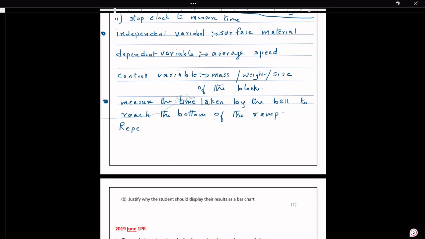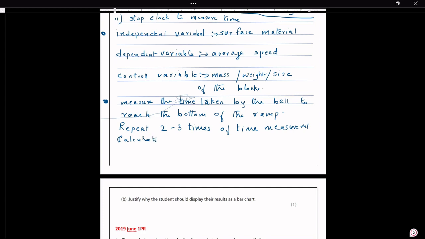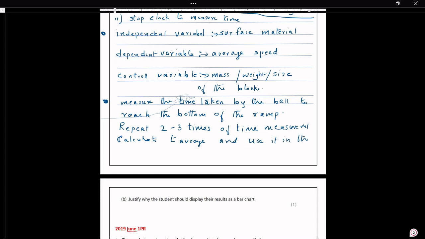Repeat 2 to 3 times, time measurement. Then calculate time average. That means average, and use it in the calculation.